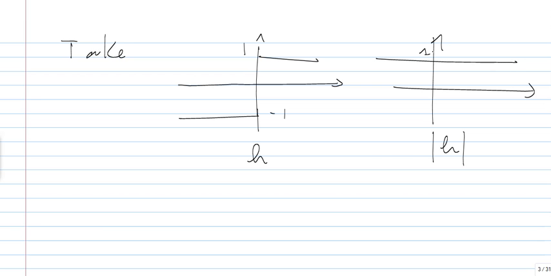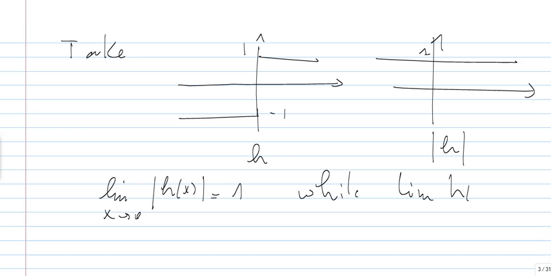So you see, the limit of the absolute value of h of x when x goes to 0 is equal to 1, while the limit of h of x when x goes to 0 does not exist. Or if you prefer, the limit from the right is 1 and the limit from the left is minus 1. So you have to be very careful. The converse is not true.